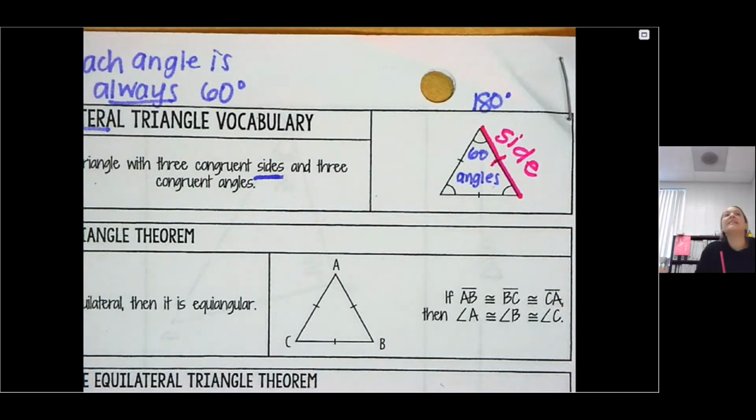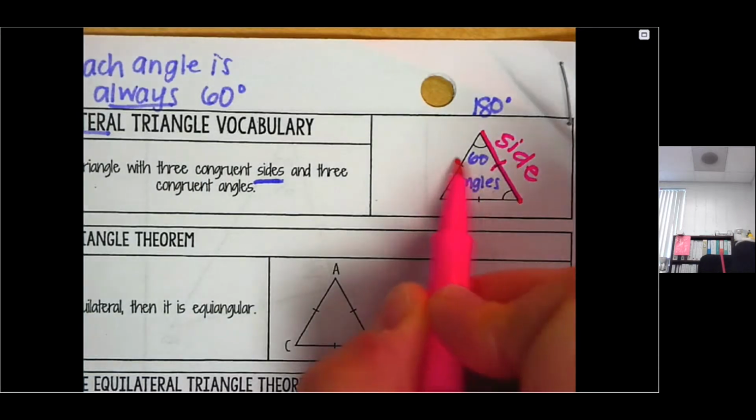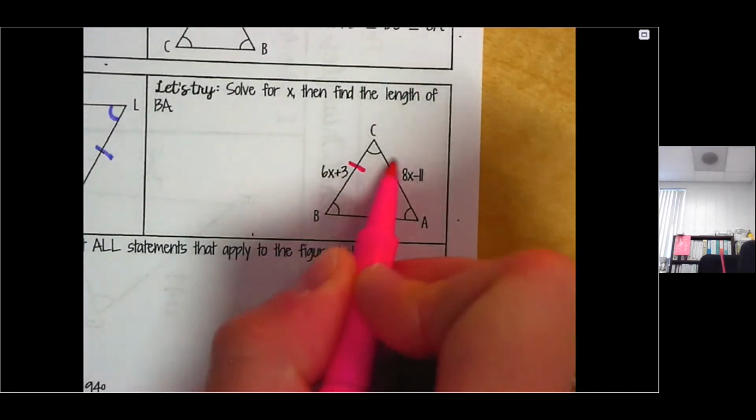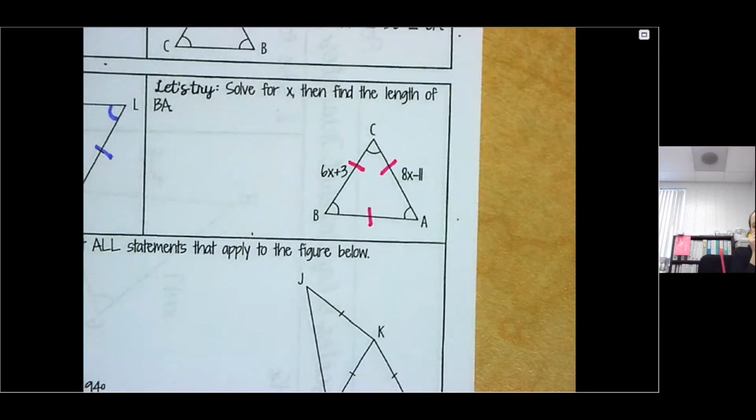If it's on the interior, it's an angle. Now, what do you know about the sides of an equilateral triangle? They're all exactly the same. So let's mark that in our picture.